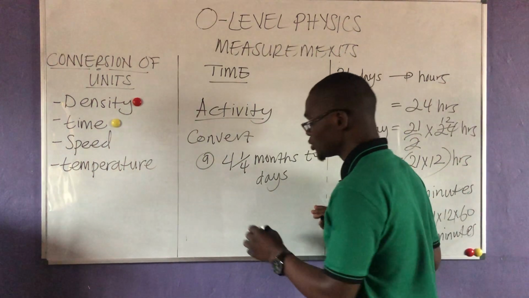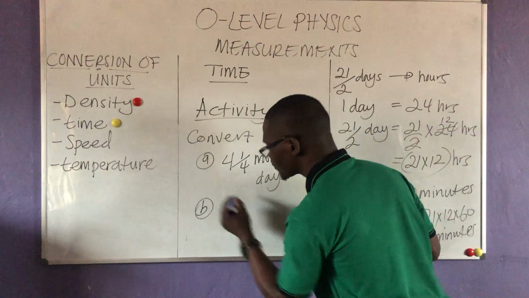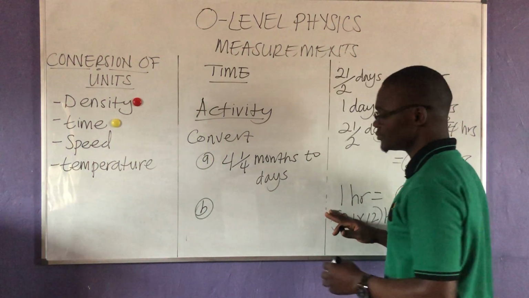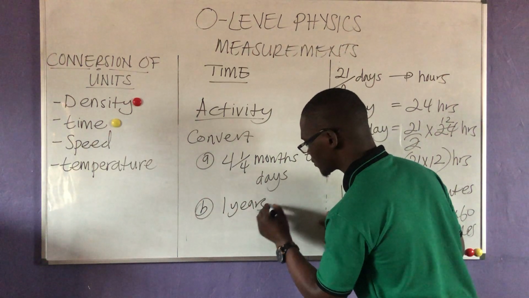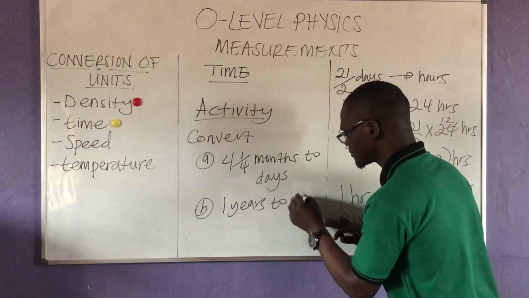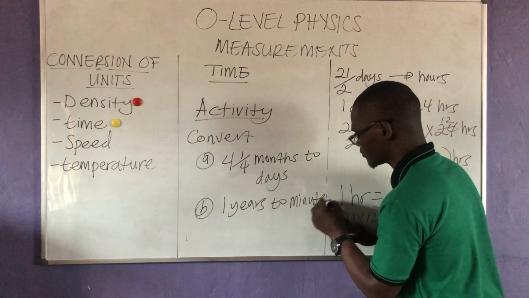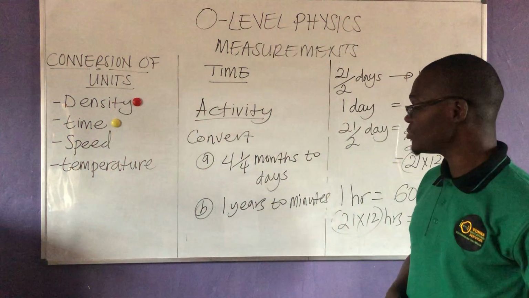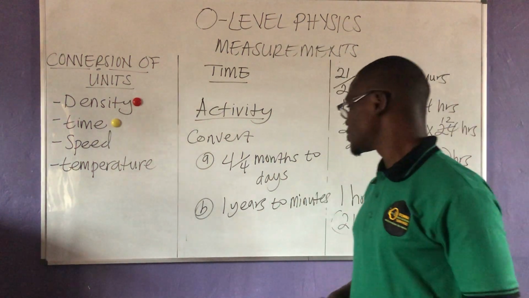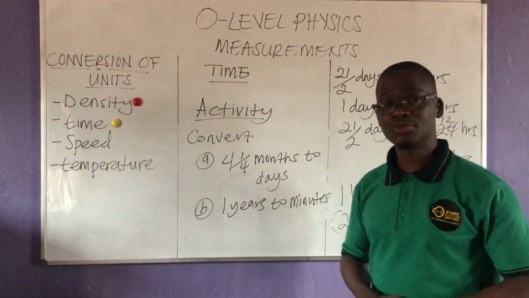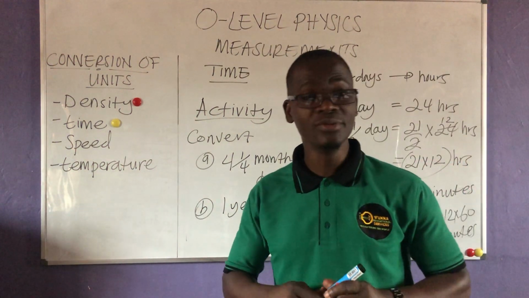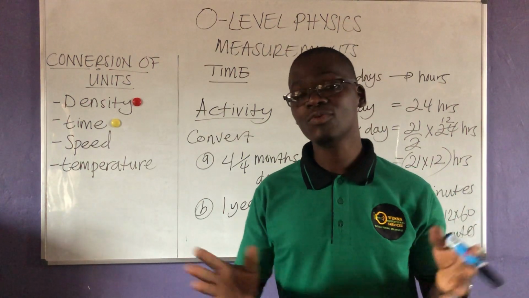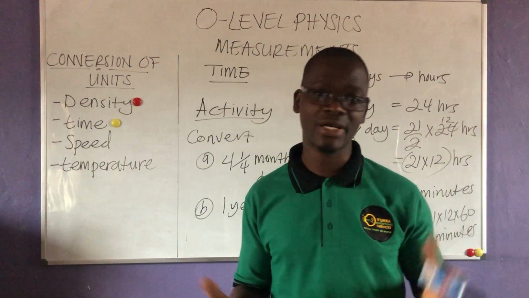Then you are also going to convert 1 year to minutes. 1 year to minutes. Yes. So those are your 2 trial questions that you have to do, to confirm whether you have mastered the concept.